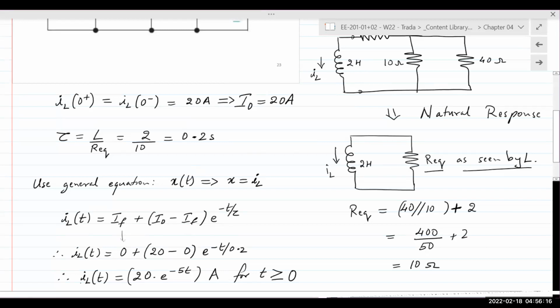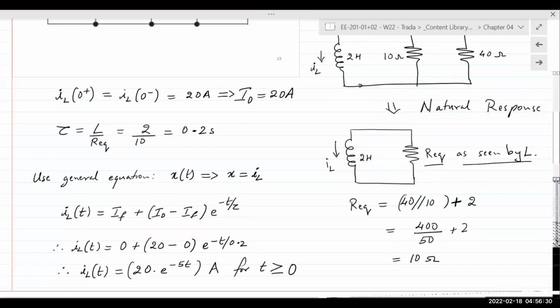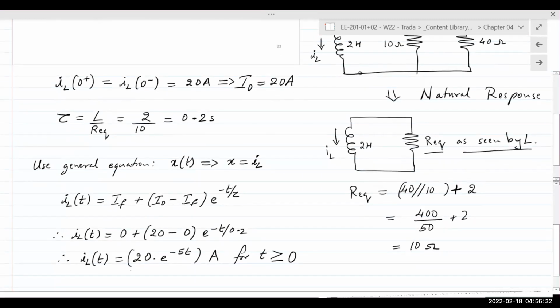IF is 0, of course. It's a natural response problem, discharging. And I0, the initial value, is 20 amps. And then tau is 0.2 seconds. Plug in all the values, reduce it, and you have your final answer as IL of t is 20 times e raised to minus 5t amps.